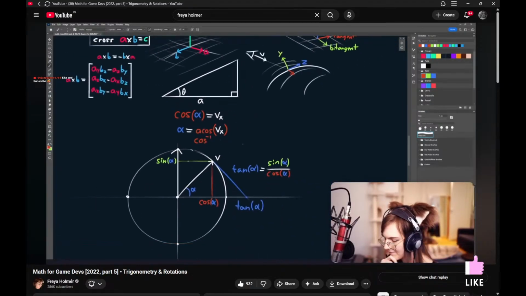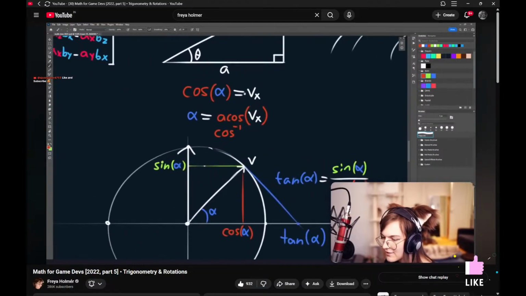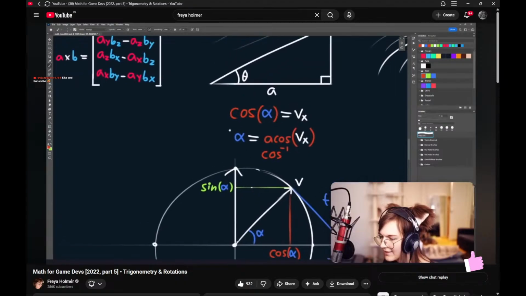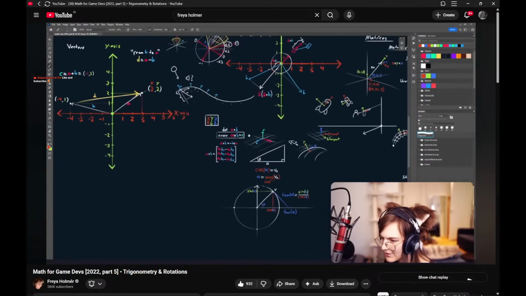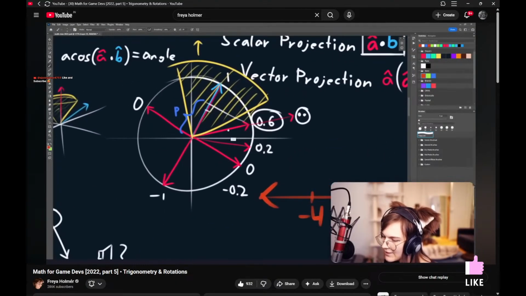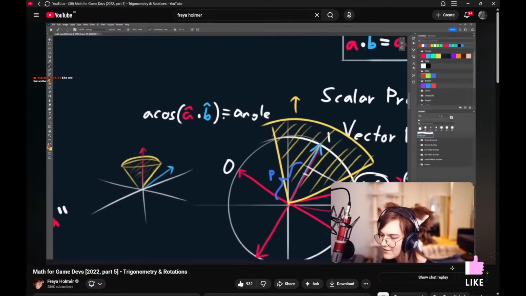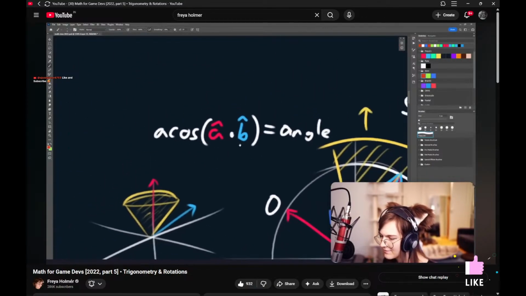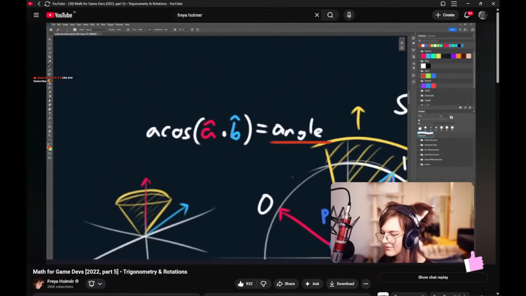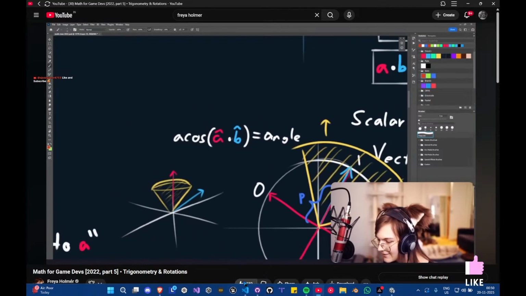And one of the use cases for this is actually something we've done before. Because when we talk about the dot product, remember that when we had normalized vectors, we can actually use the arc cosine to get the angle out of it. Because then we actually have that exact use case. We have two vectors here, a hat and b hat.